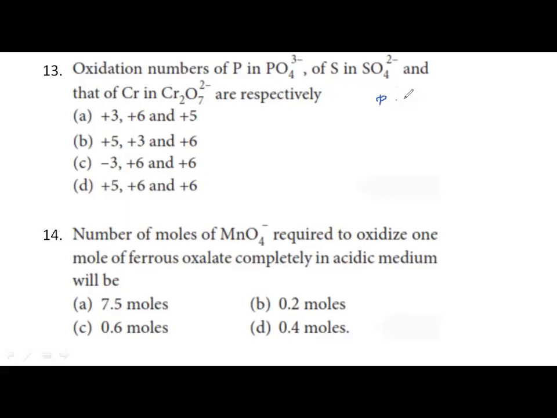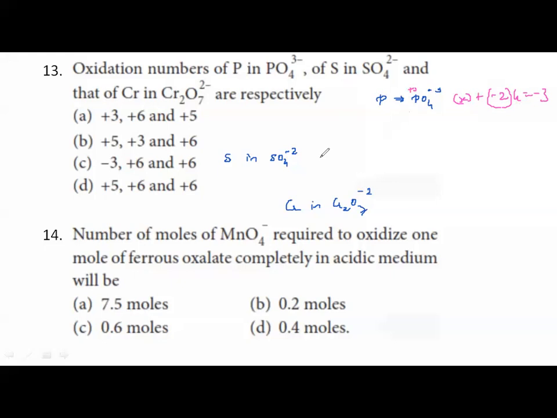Phosphorus in PO4 minus 3: X plus minus 2 into 4 equal to minus 3. So minus 8. 8 minus 3 is plus 5. So the phosphorus oxidation state is plus 5.